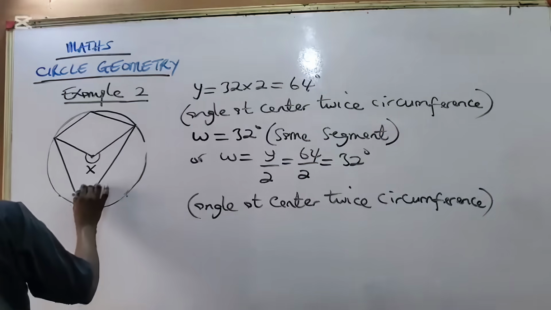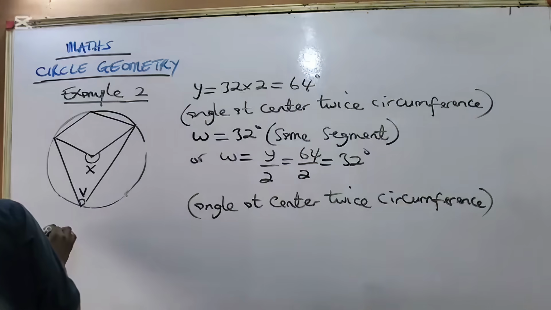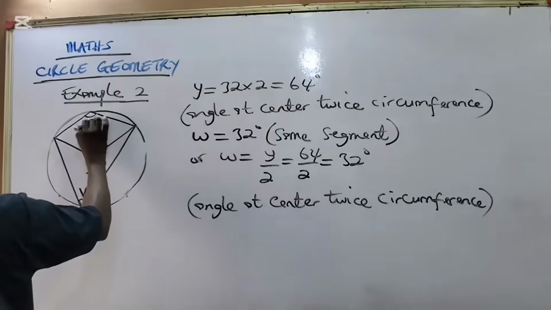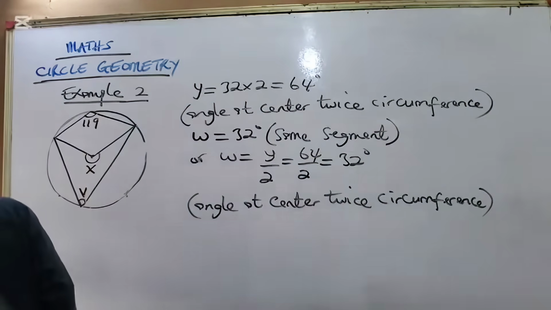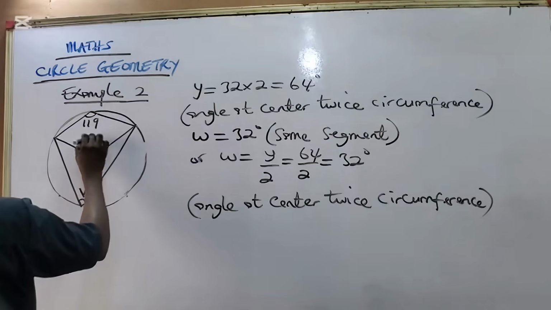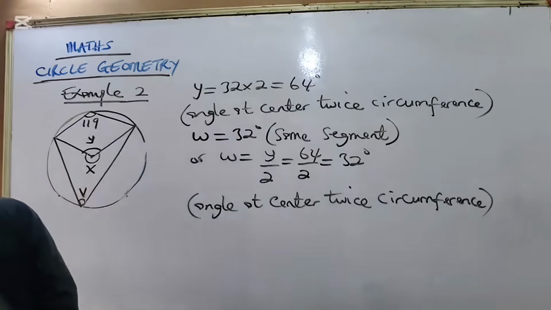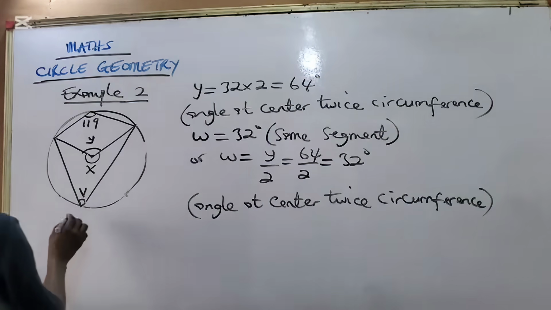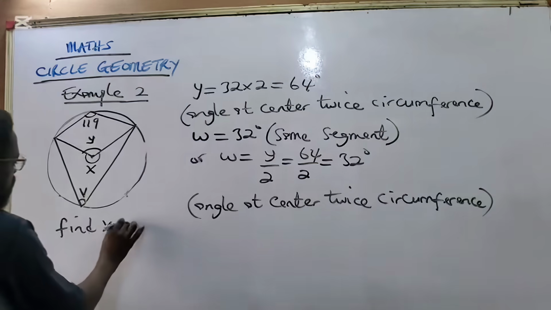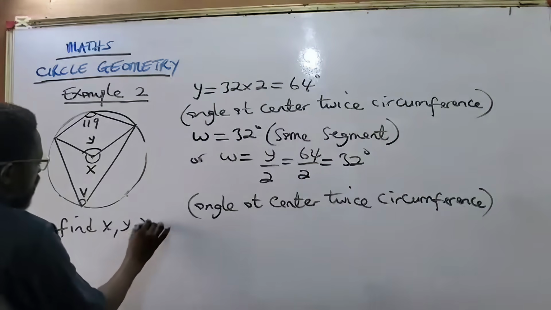Is v. Here's 119. And here is y. So I'm looking for: find x, y, and v.